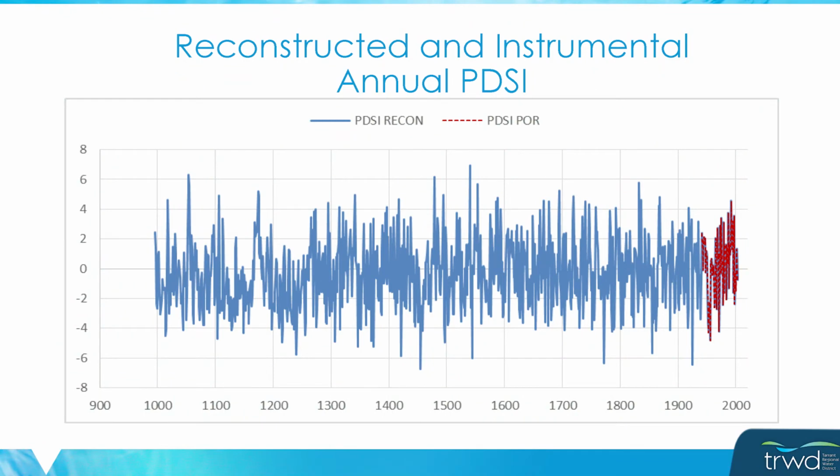So the first thing we did, you've seen a graph similar to this in the handout that's in our booklets. The red is our instrumental observed PDSI values, and then the blue is the reconstructed PDSI from the tree ring studies.